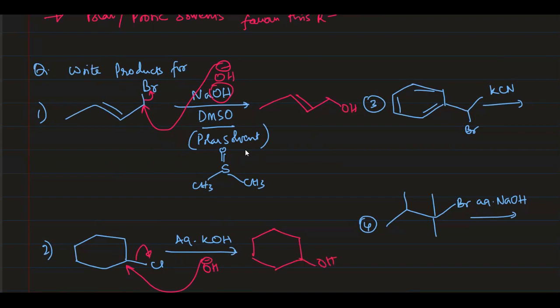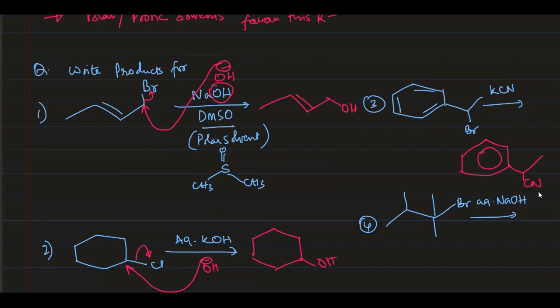And here again, we have a benzene ring, and it will form a carbocation because this carbocation is very stable. And then CN minus attacks here. So this carbocation will be converted to CN. So this will be the product.